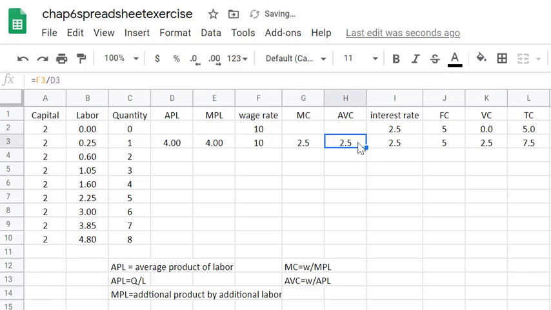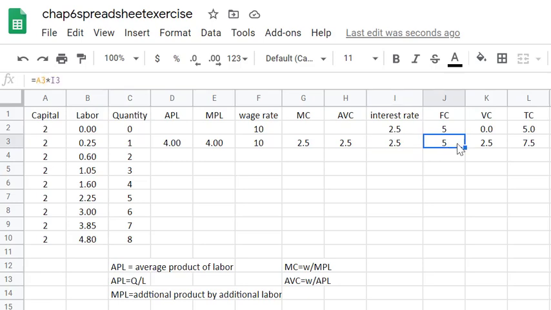If you look at this cell and the function window, you are dividing the wage rate in F3 by average product of labor in D3. These two formulas are found in the chapter 6 slides in the textbook.